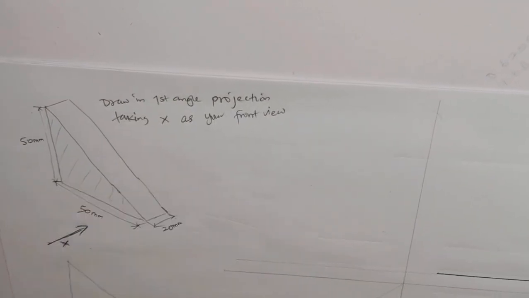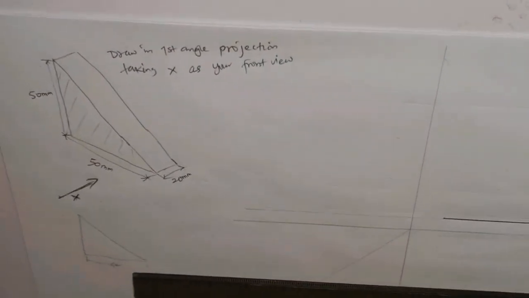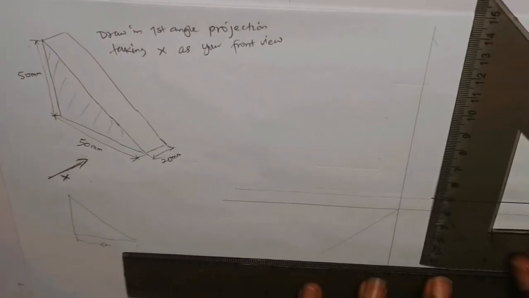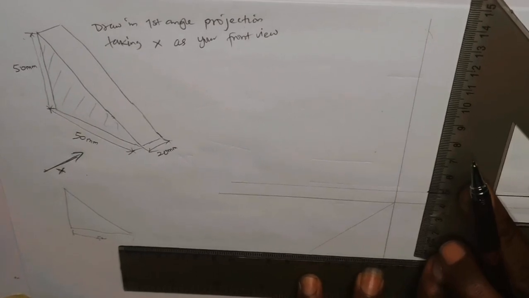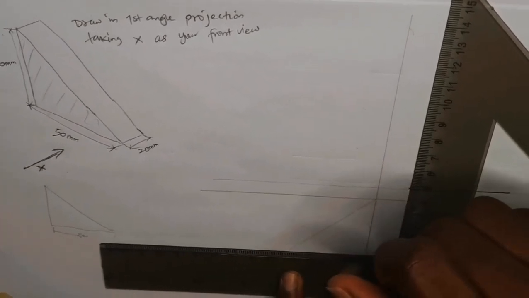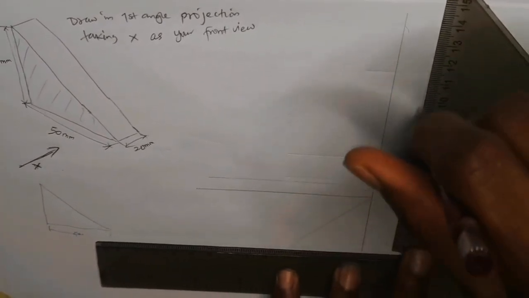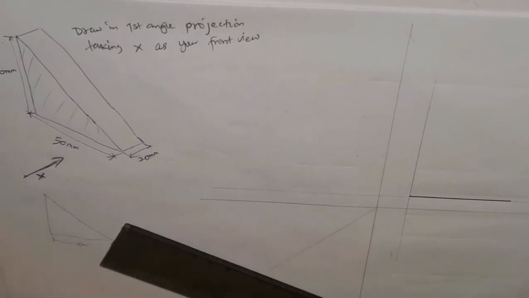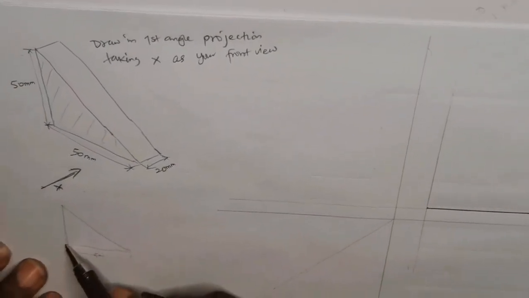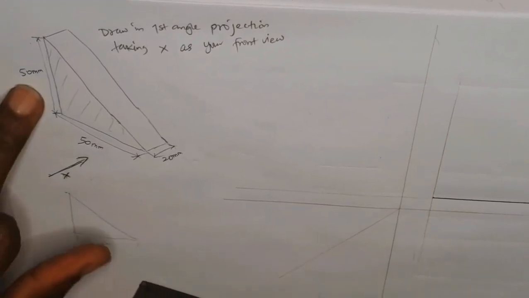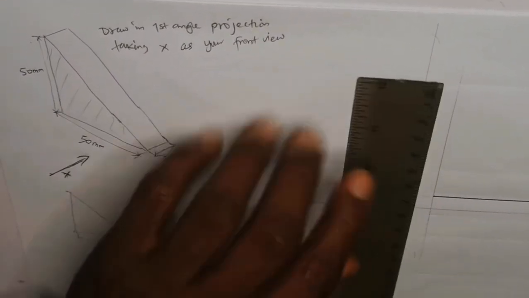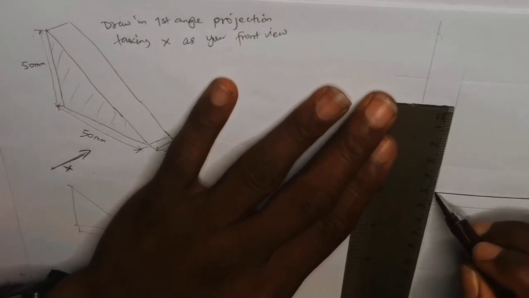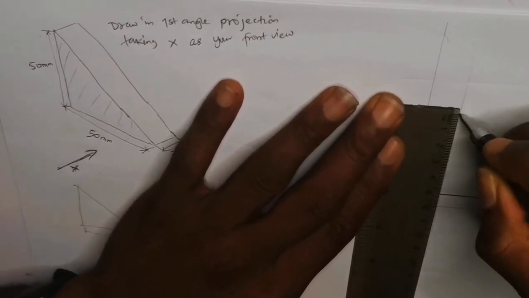It should be a straight line. Remember, use your T-square and your set square to make it look more neat and faster. From this point here to here is also measured 50 millimeter, so I'll do the same thing and mark out 50 millimeter.